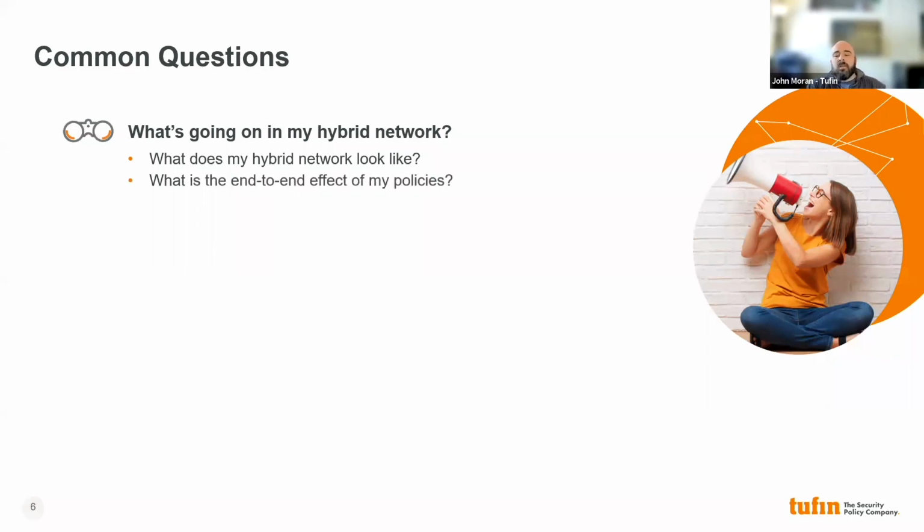What are the end-to-end effects of my policies, right? I'm allowing something on this firewall, but does that translate to the cloud? Or, I have this cloud security group that is allowing traffic, but I also have this virtual firewall in my cloud. Why is one working and not the other? Or, how do I combine those?